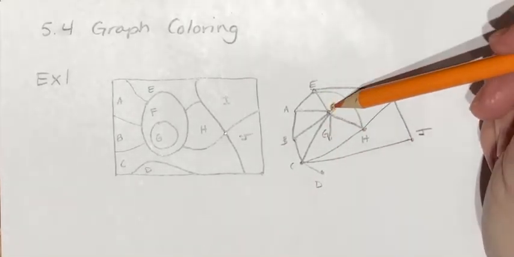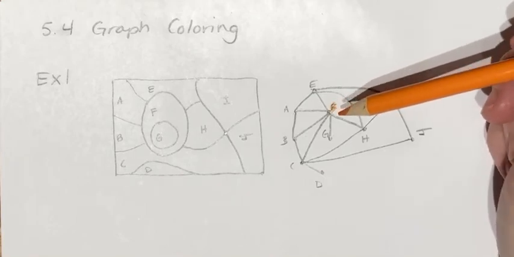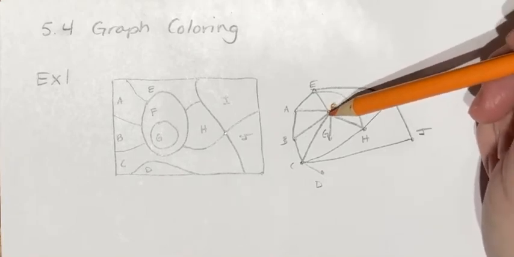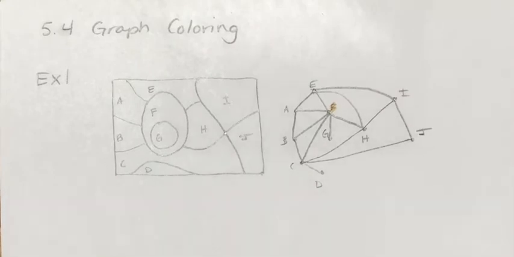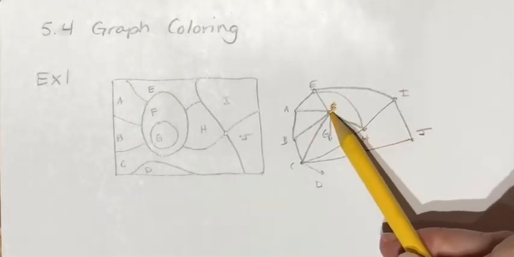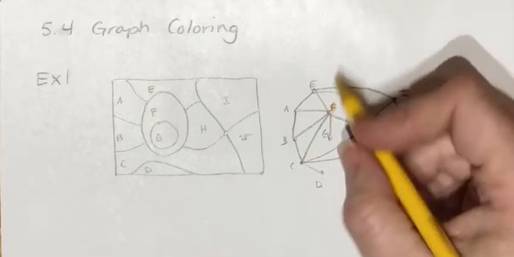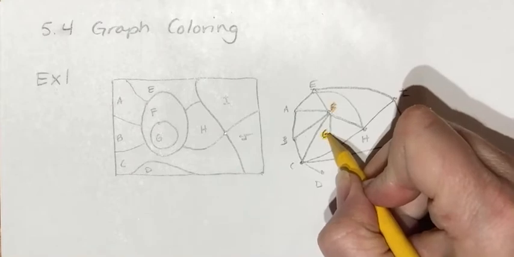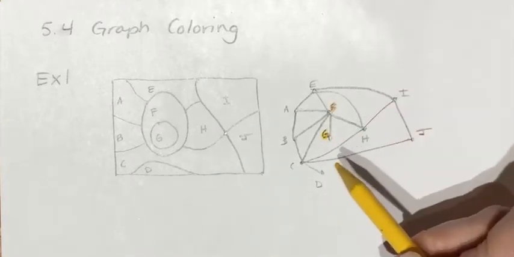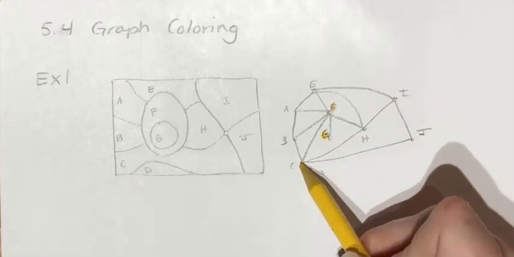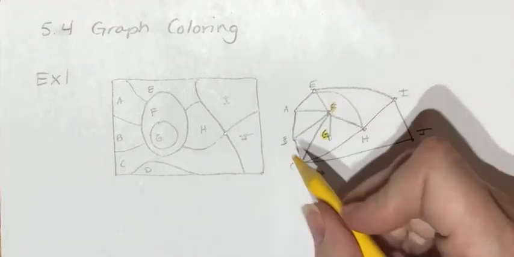Using colored pencils, something that is light, or highlighters, something that you can see through, instead of dark markers, is better, because it's too hard to see otherwise. Now, nothing else that touches this can be orange, okay? So I'm gonna make this one yellow. Now C doesn't touch G, so I can make C yellow.